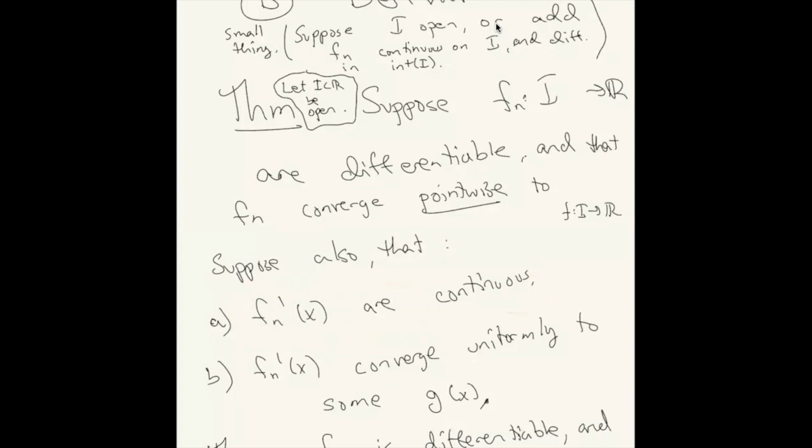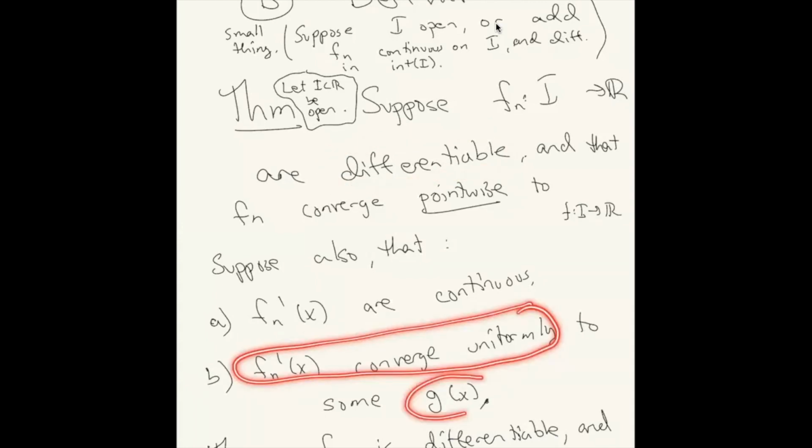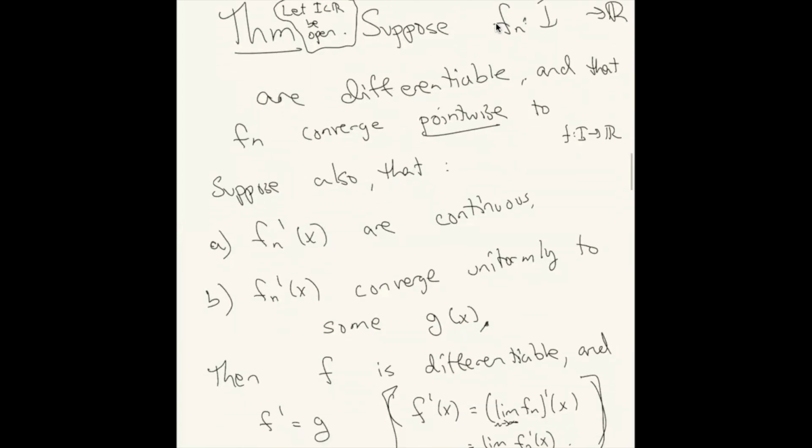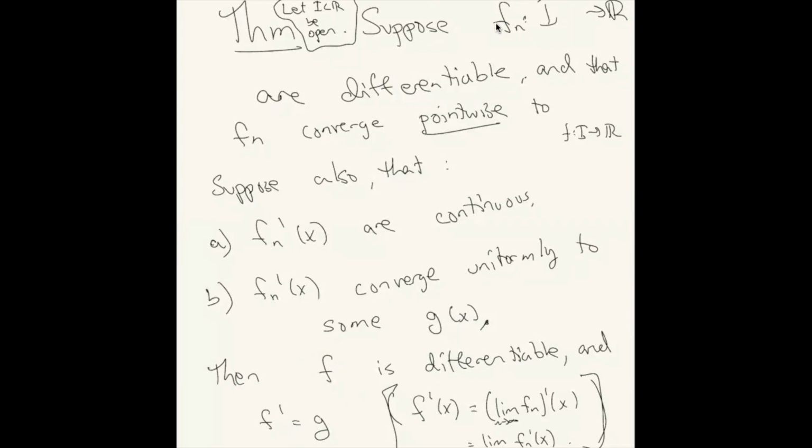The derivatives exist because the functions are differentiable, so we can talk about them. And the derivatives converge uniformly to a function g. Then we conclude that the limit function is differentiable and the derivative of the limit function is equal to g. In other words, the derivative of the limit is the limit of the derivatives.